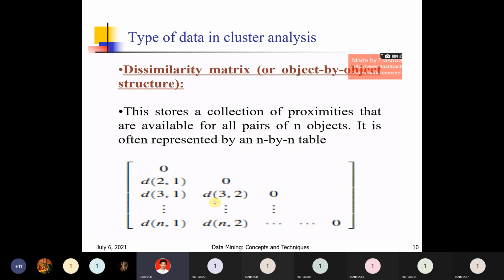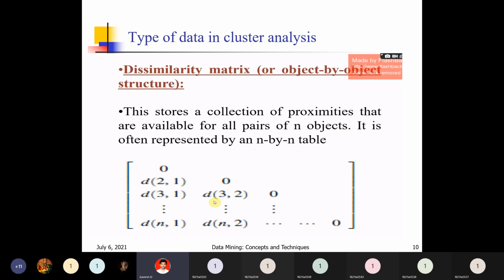In the first column we see along the diagonal all values are 0. The remaining values are for that particular object: for the second value, what is the distance, and along the x-axis the third object is there. From that, what is the difference for the first element, for the first object?